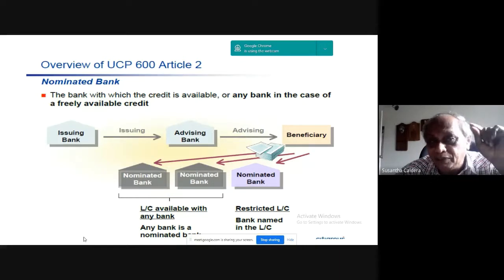If a bank is nominated, say the exporter is in Colombo, they have received Sampath Bank as the nominated bank in the LC. Sampath Bank is the advising bank as well as a nominated bank.